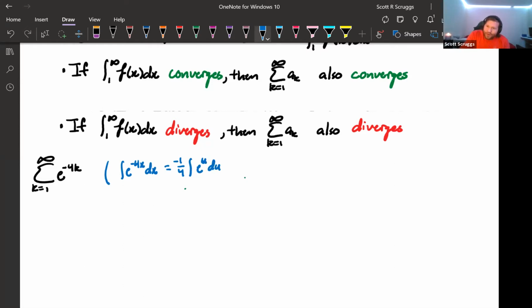In this case, it will be doable because I could do a u sub where u is negative 4x and du is negative 4 dx. Plus c, negative 1/4 e to the negative 4x plus c.